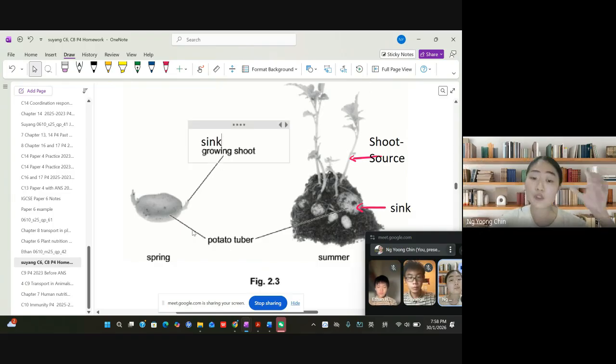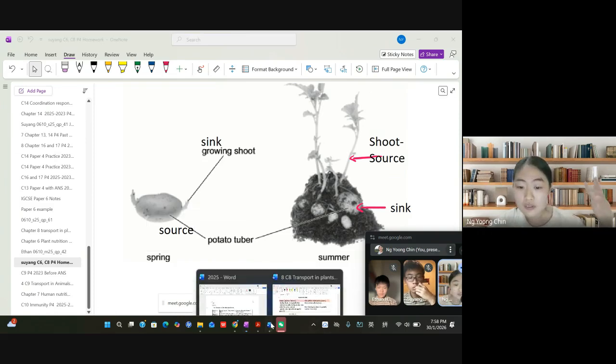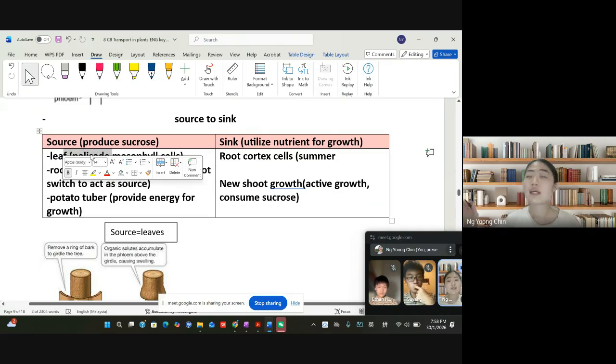And the potato tuber at this time, because it stores a lot of nutrients inside, will become the source. It will help to supply the nutrients, the glucose, to the other growing regions in the springtime. So this is a bit tricky, I know. So what are the organs in the plant that can become the source? Yeah, the leaf parts. Usually it's a leaf part.